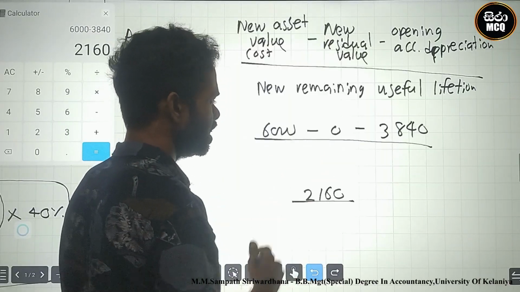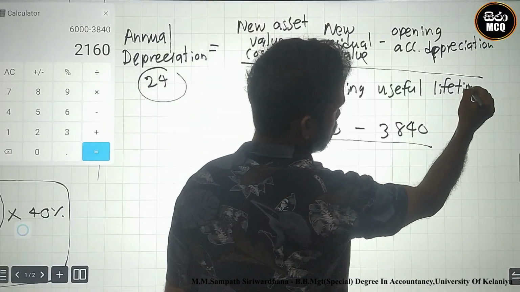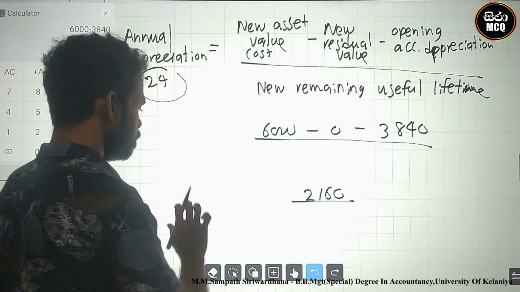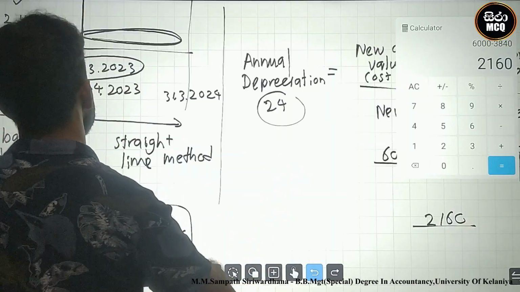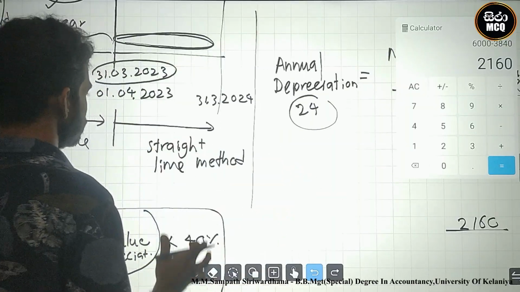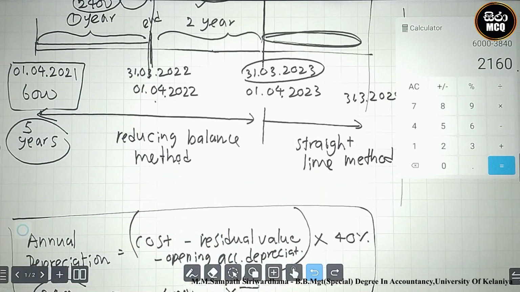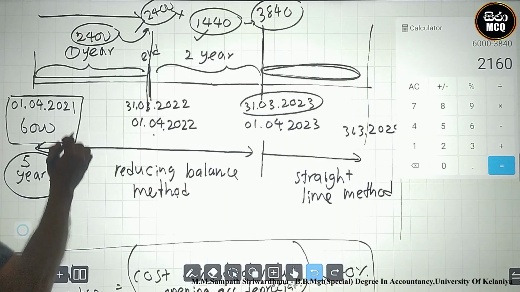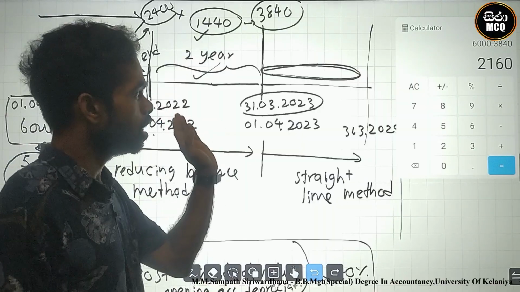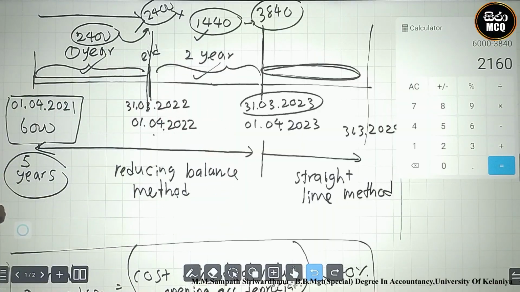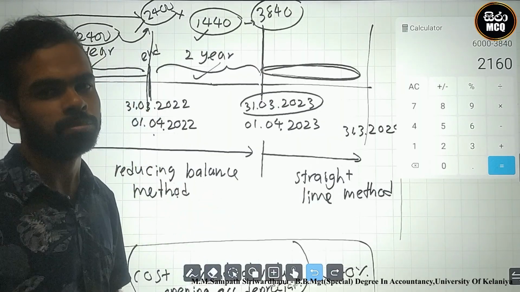Therefore, we divide by the remaining useful lifetime. What remaining useful lifetime can we use? At the opening date there is a 5-year estimation, but year 1 is done and year 2 is done, so 2 years are already depreciated. The remaining lifetime is 5 minus 2, which is 3.